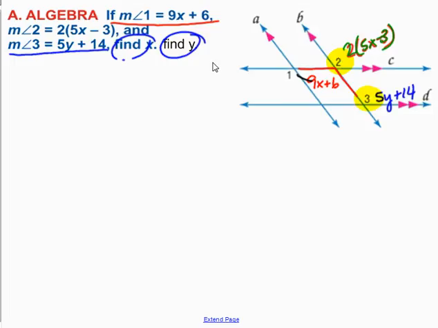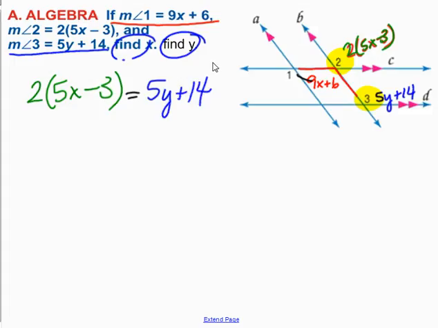Those are corresponding angles. Corresponding angles from up above, you know that corresponding angles are congruent. Okay, so we're going to take 2 times quantity of 5x minus 3 and set that equal to 5y plus 14.